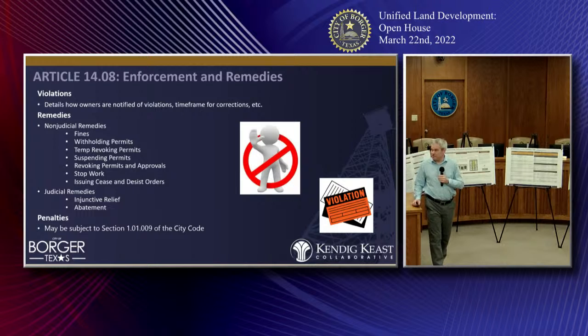But there is the option of going to court eventually if something is bad enough and none of the non-judicial remedies are working, then there is the option for the city to take that landowner to court. And then a judge ends up deciding what the penalties should be. But there is a section in your city code about penalties and what they should be.